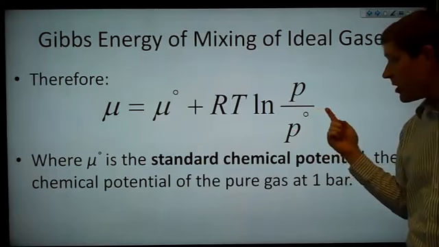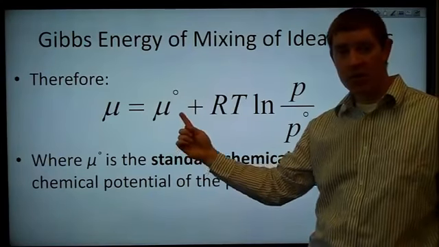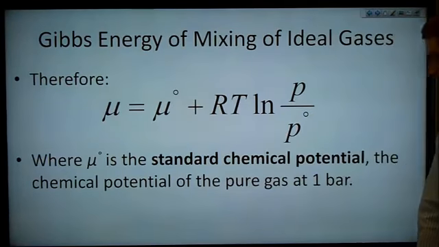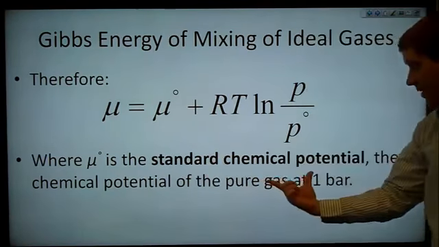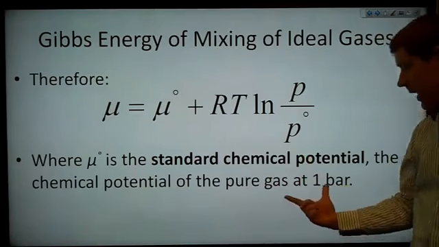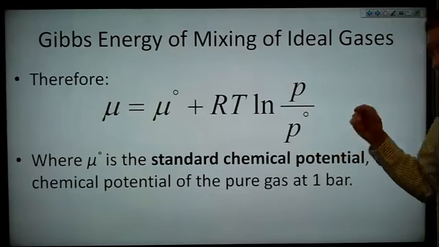Here the P naught is the same pressure that our chemical potential reference is at. So the mu naught is the standard chemical potential. That's the chemical potential of our pure gas at 1 bar. So the P naught here is 1 bar.